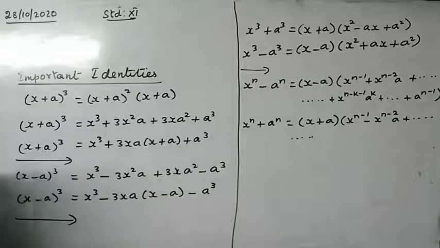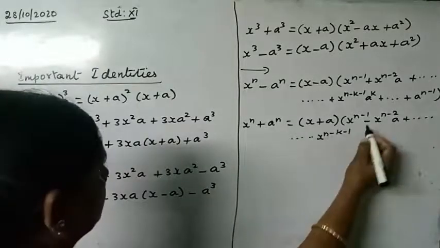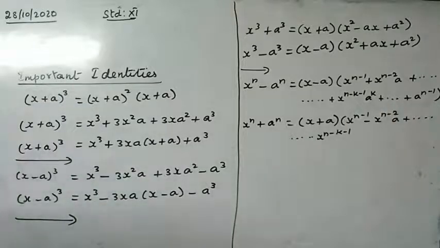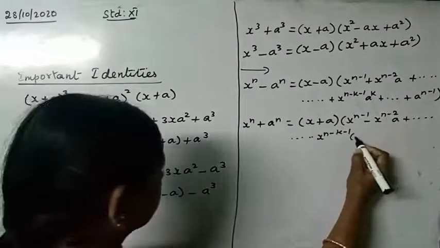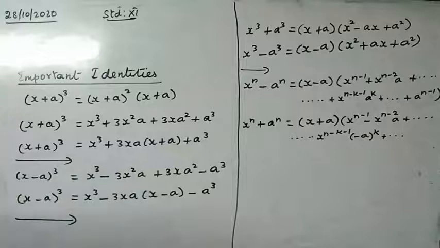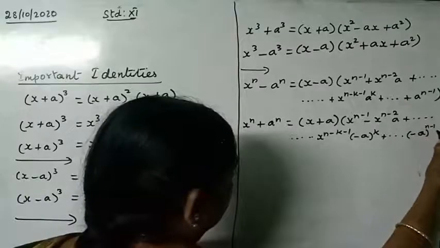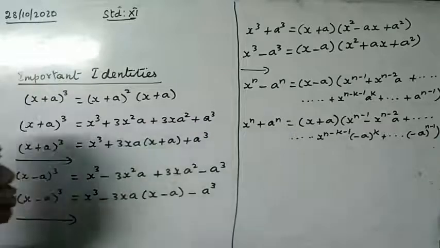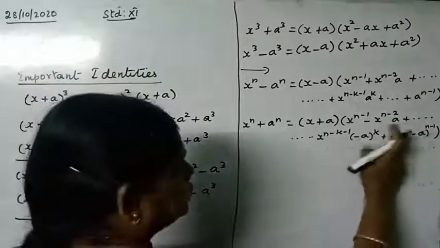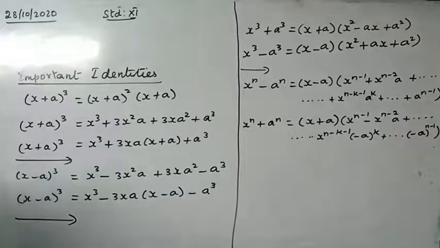And இதுல center element என்னவா இருக்கும்னா x power n minus k minus 1, a யோட பவர் என்னவா இருக்கும்னா minus a power k, and the plus, and when it is continued up to minus a power n minus 1. See, we should not know which is taking its positive value or negative value, so simply you write minus a power k and minus a power n minus 1.